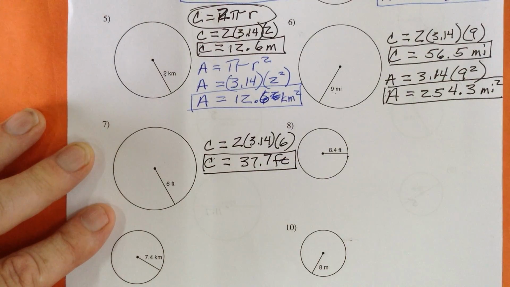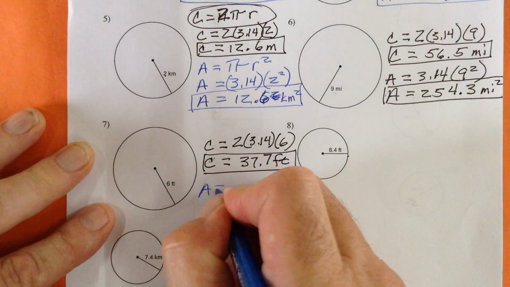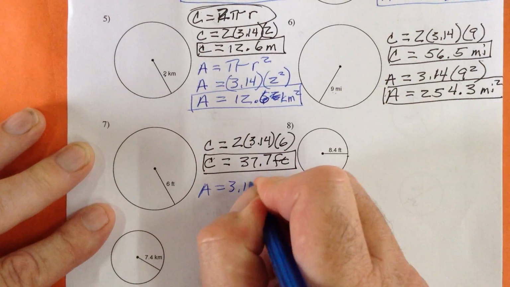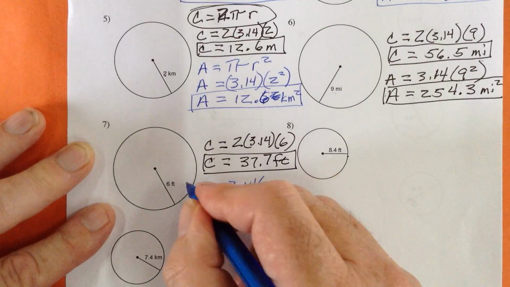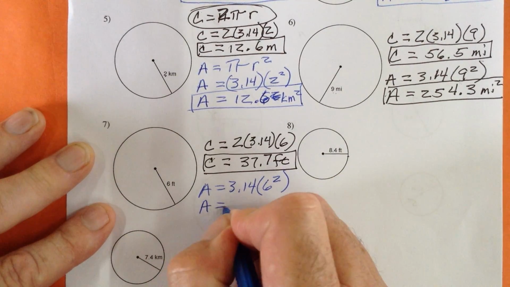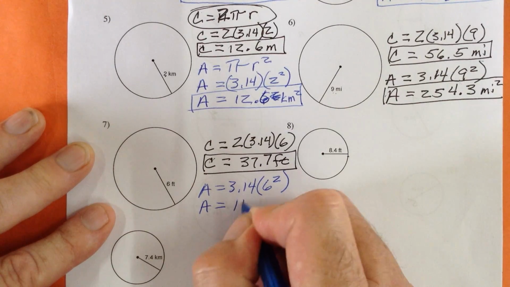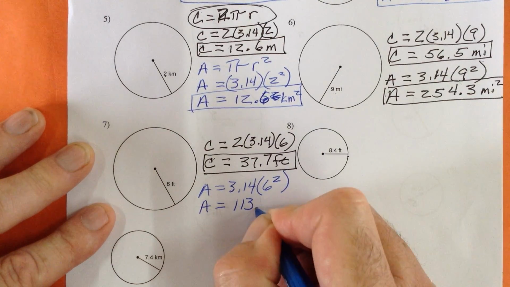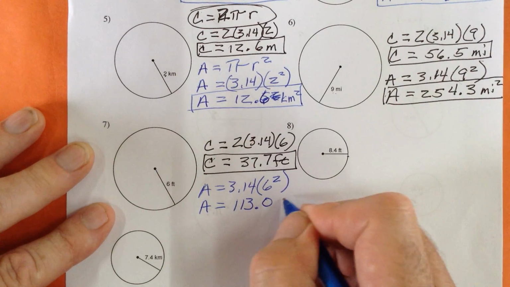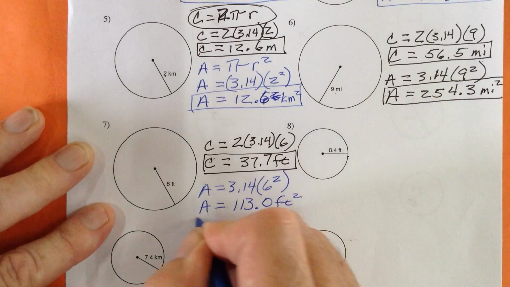And then the area is pi, which is 3.14, times the radius, 6, squared, so the area equals, I got 113.04, which just rounds to 113 feet squared.